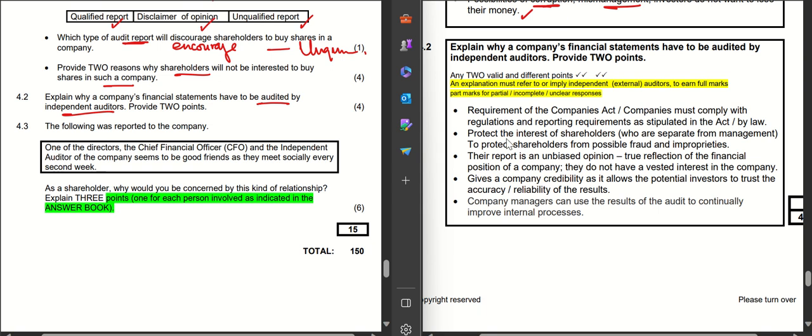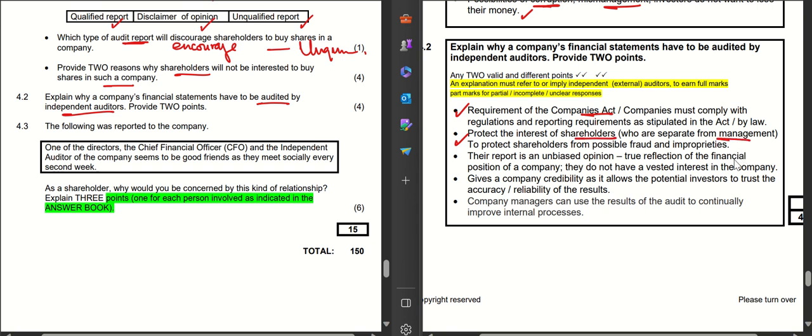Okay. The first point is that it is a requirement of the Companies Act, okay, that companies must comply with such regulations. So that is the first point. The next point, it is to protect the interest of shareholders who are separate from the management. All right.